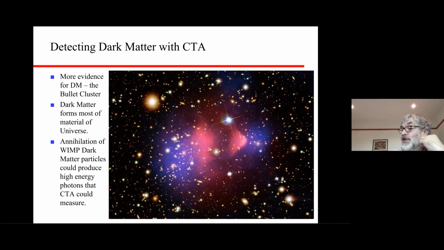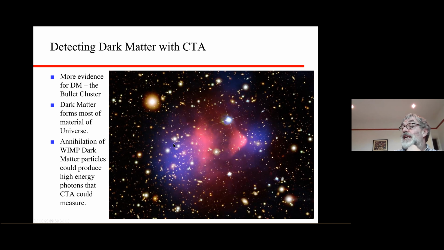We could see them with CTA. And what we'd see would be high energy photons coming from regions in the sky in which there is no apparent astrophysical source. Okay, so we'll be looking for high energy photons coming from places in the sky where there is no supernova or no active galactic nucleus.